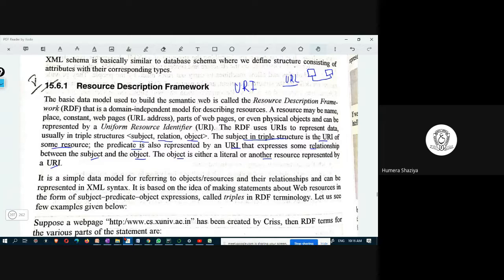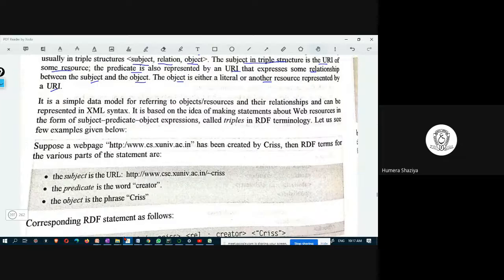So what is the relation between the client server relation? This kind of specific details related to every resource that is available on the web could be done by using uniform resource identifier. It's a data model for referring objects and resources and their relationships. And their relationship could be expressed and represented in the form of XML syntax.